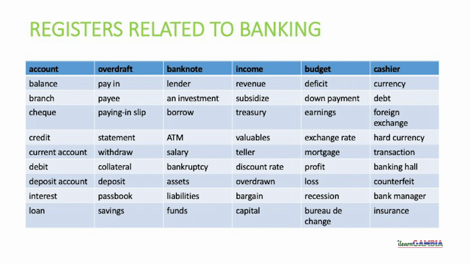Treasury, valuables, teller, discount rate, overdrawn, bargain, capital, budget, deficit, down payment, earnings, exchange rate, mortgage, profit, loss, recession, bill of exchange, cashier, currency, debit or debt, foreign exchange, hard currency, transaction, bank hall or banking hall, counterfeit, bank manager, insurance, etc., etc., okay?